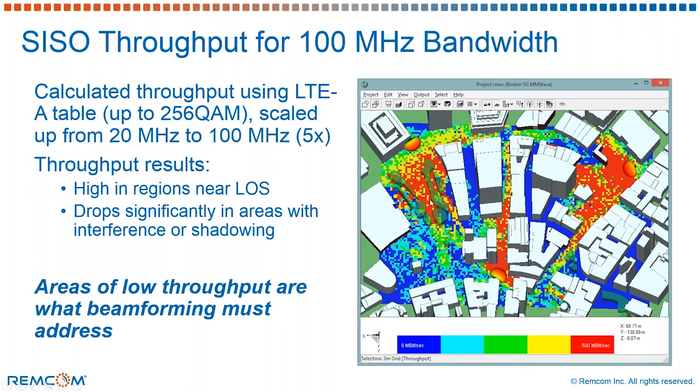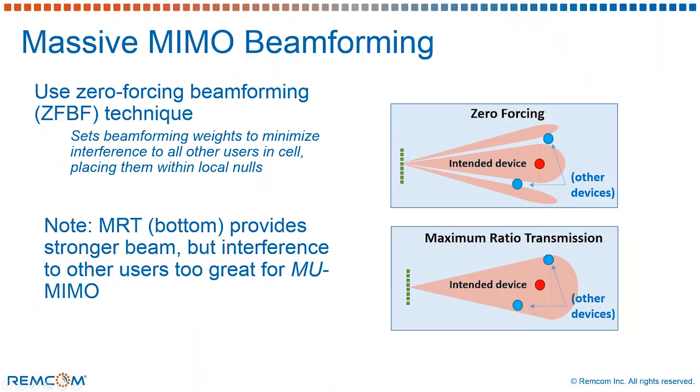Next we use 2 techniques that are common for massive MIMO or FD-MIMO beamforming. There are other techniques, but these represent some of the limits in 2 different directions of beamforming. The first, zero forcing, attempts to minimize the amount of interference that the beam forms to other users, while maximizing the signal strength to an intended UE.